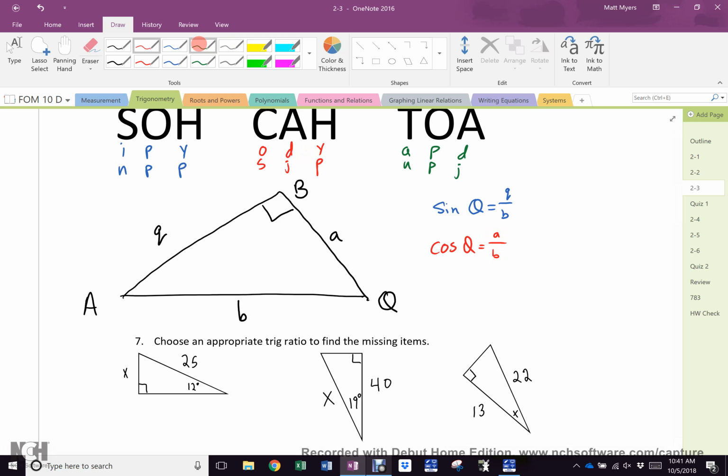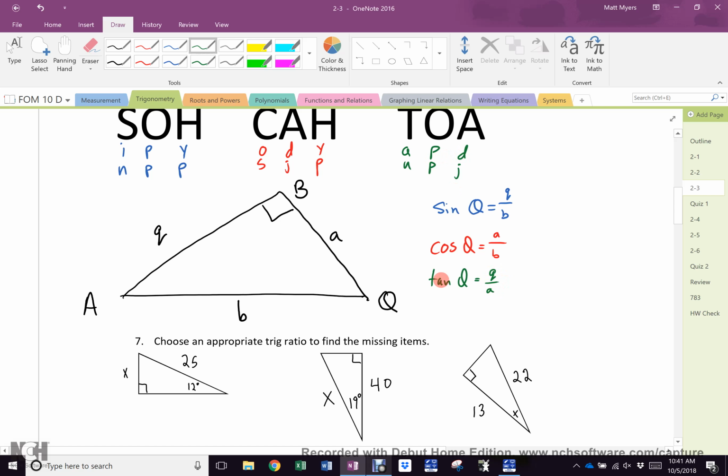What is the tan of big Q? Q over lil a. Opposite and adjacent for tan.